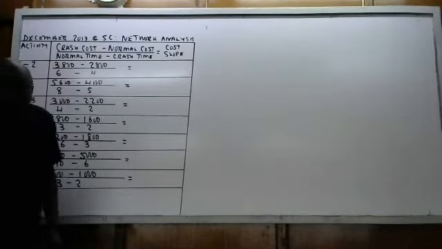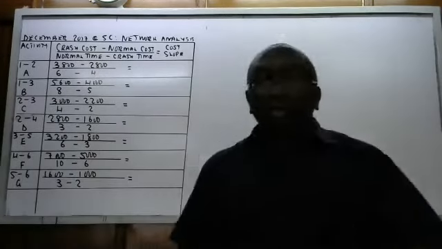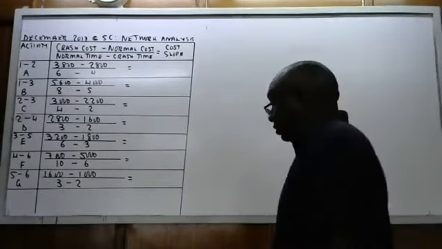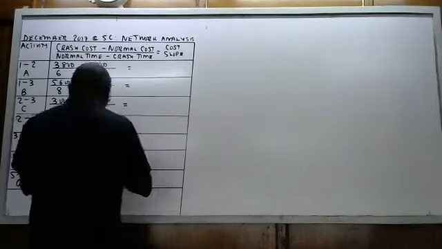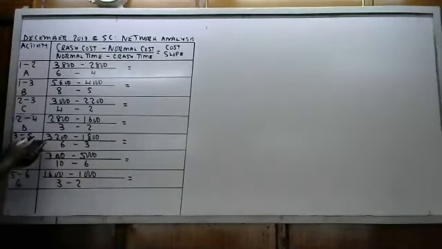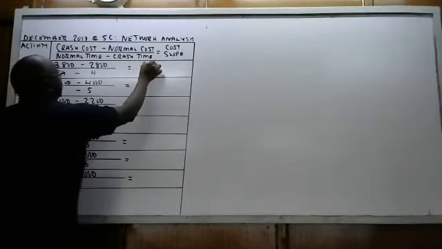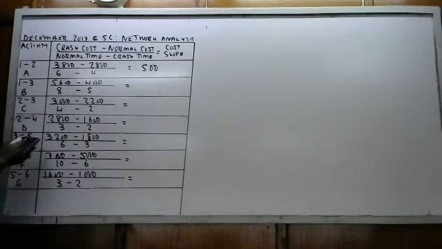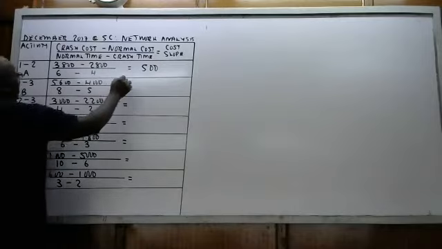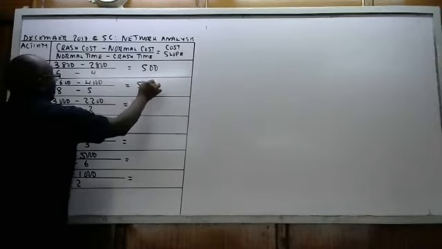So let me give you the answers, then you tell me whether you agree or you don't. The first one will be 1,000 divided by 2, that is 500. 5,600 minus 4,000, you divide by 3 is 533.